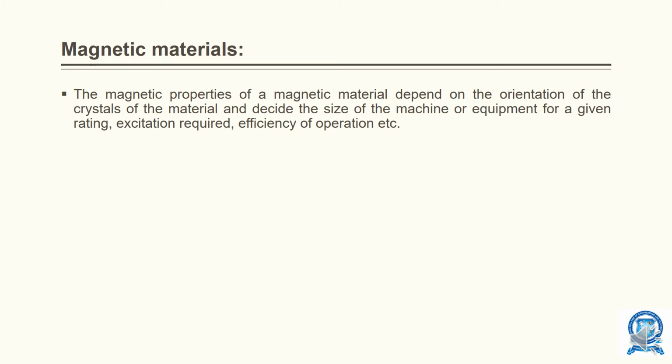Second is magnetic materials. The magnetic properties of magnetic materials depend on the orientation of the crystals of the material and decide the size of the machine or equipment for a given rating, the excitation required, and the efficiency of operation.